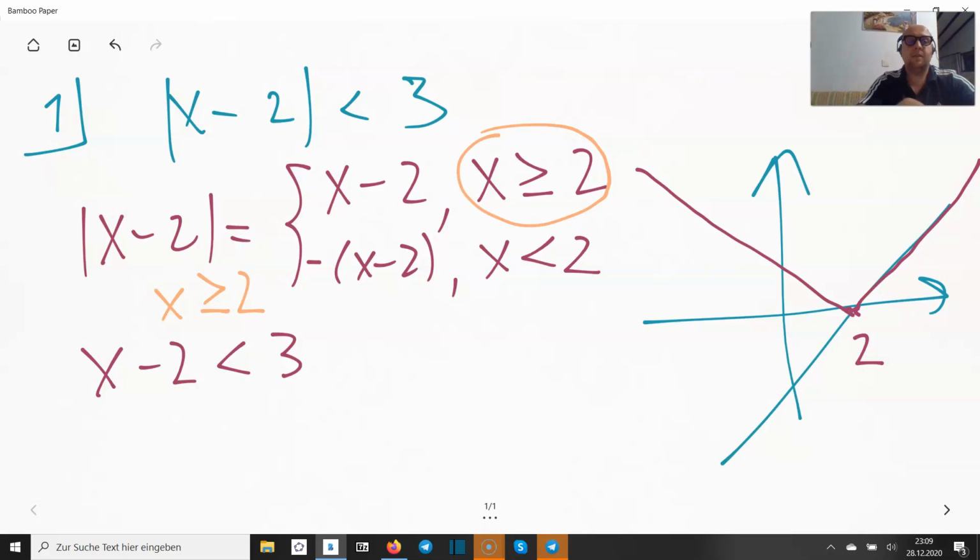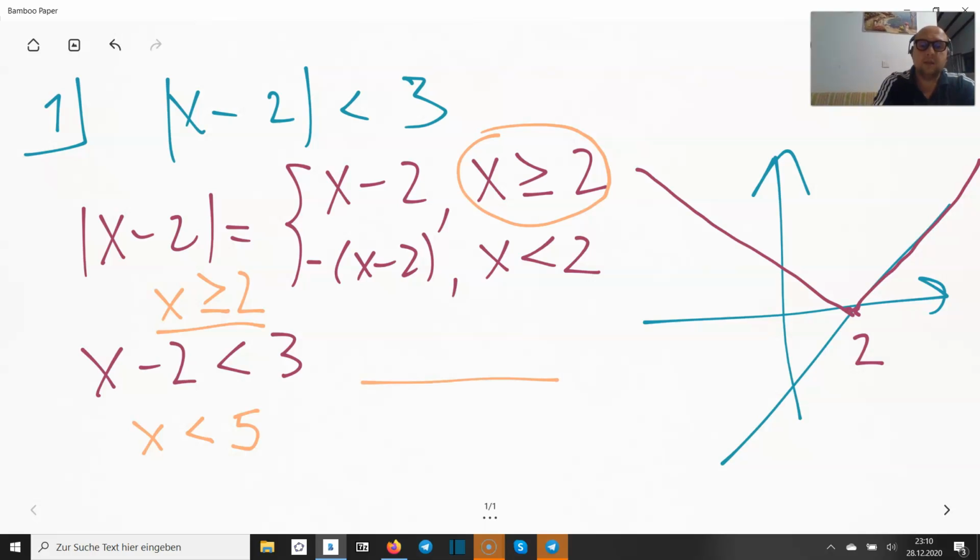So let's see. If we bring minus 2 to the right-hand side, we get x is less than 5. So we have x bigger or equal to 2. This is kind of key. You're opening the door only under the condition x is bigger or equal to 2, and then you see what's happening inside the room. So x is less than 5.